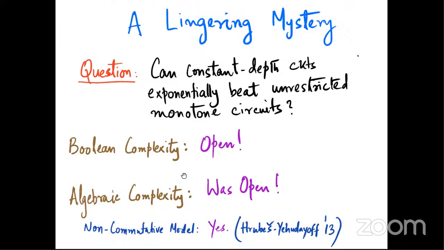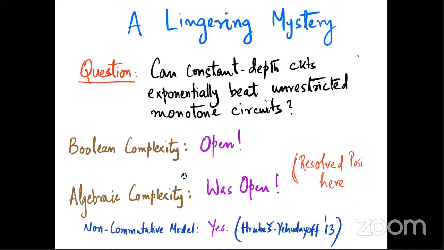But they could show it only for the non-commutative world. And as you can imagine, in the non-commutative world the power of cancellations is far more limited than in the commutative world. So for the commutative world this question was still open, and this is the main result that we are going to talk about here.